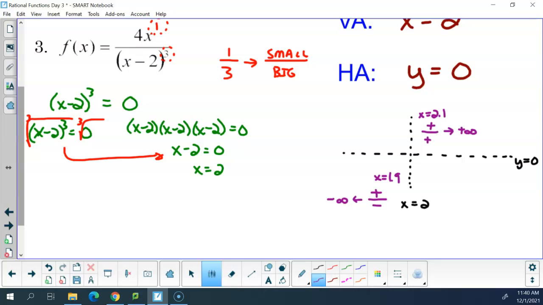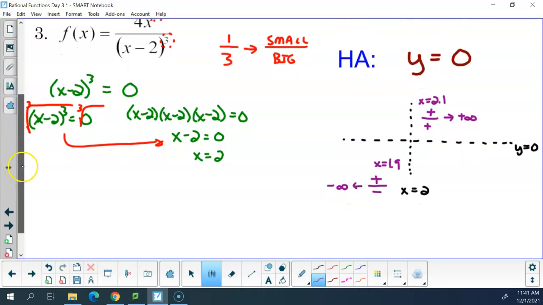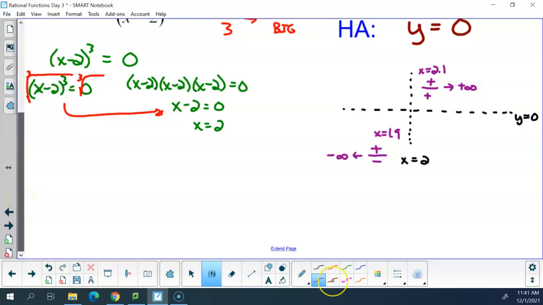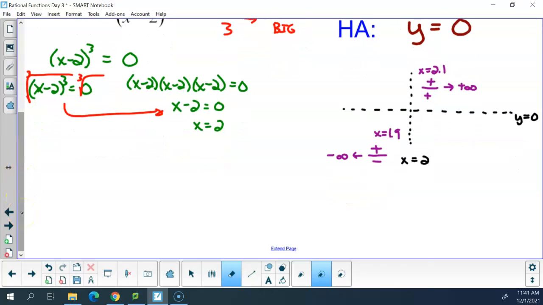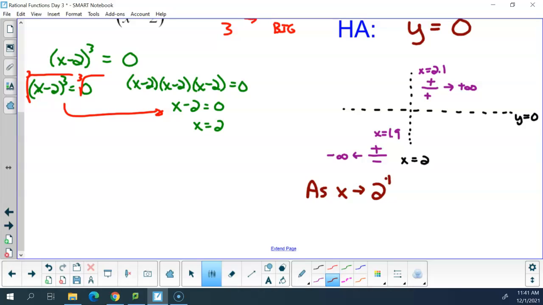Now, that written out, because now we've got to write that stuff out, right? Okay. So that written out would be: as x approaches 2 from the right, my function goes to positive infinity.